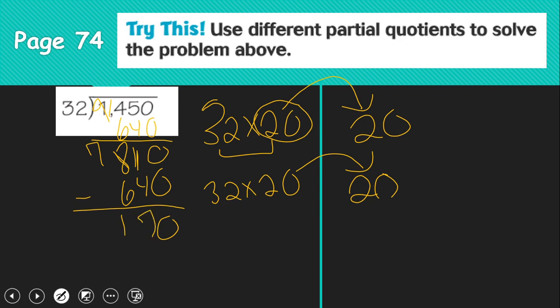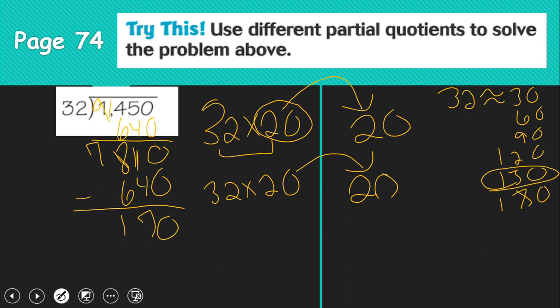And then we're going to go ahead and, let's see, 30, like I did last time, I rounded 32. I rounded it to 30. And I'm going to count by 30s: 30, 60, 90, 120, 150, 180. Now I'm going to go ahead and actually use 150 because I have 32, not 30.